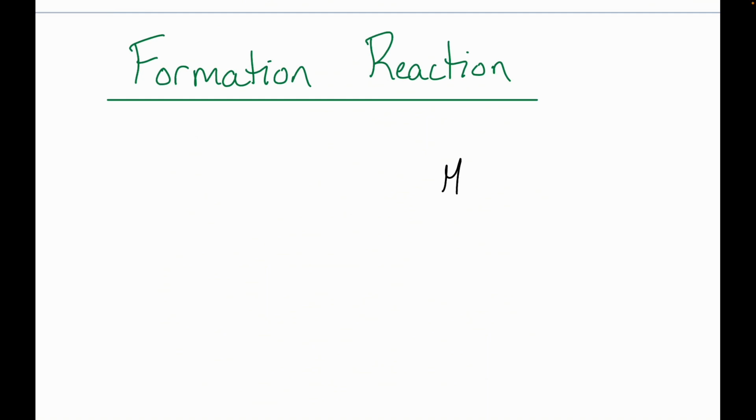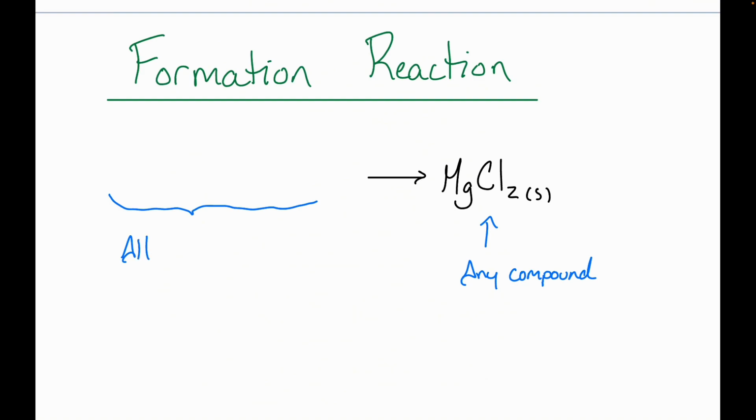So for example, let's do MgCl2, which is a solid. Any compound that we want here. All right, the formation reaction, that compound is going to be the product of these formation reactions. And our reactants are always going to be all the elements that we see in that product. So the magnesium and the chlorine in their standard states.